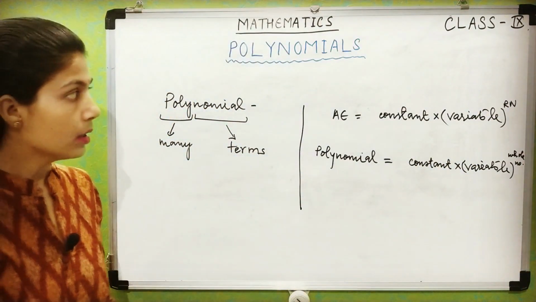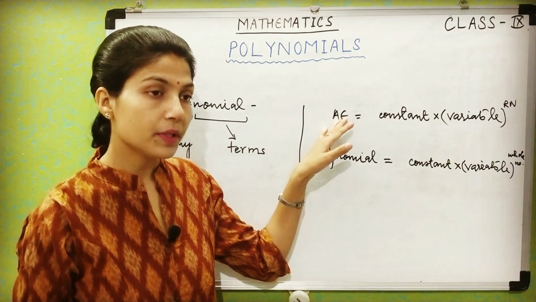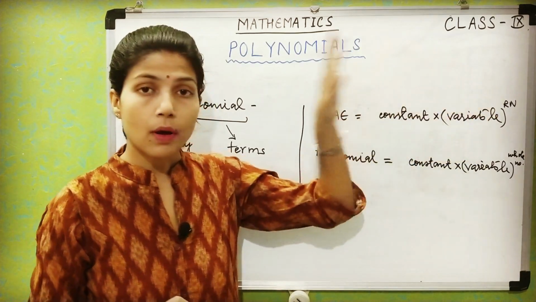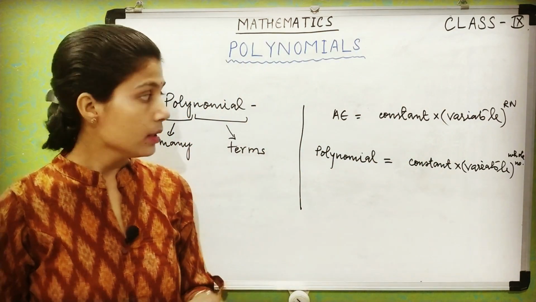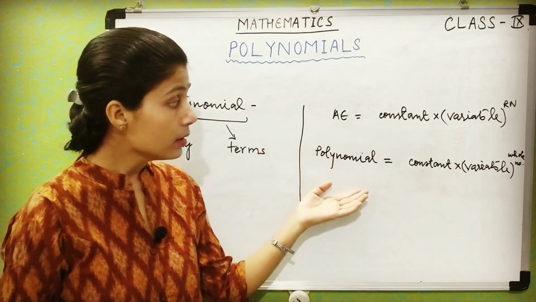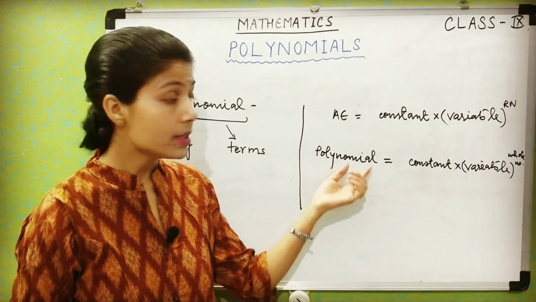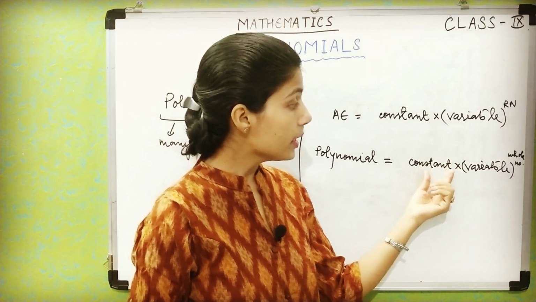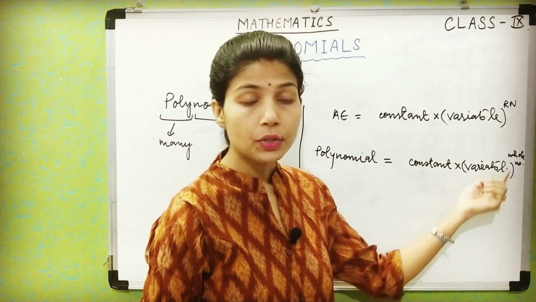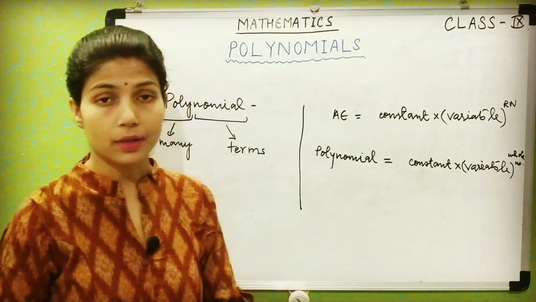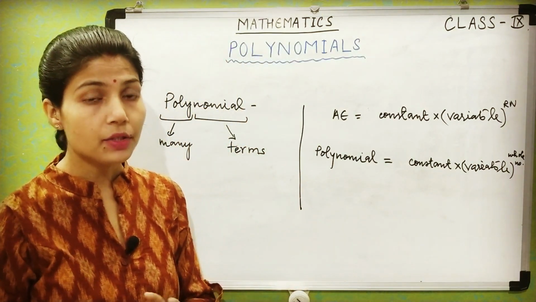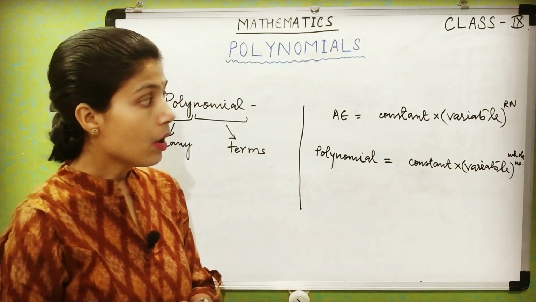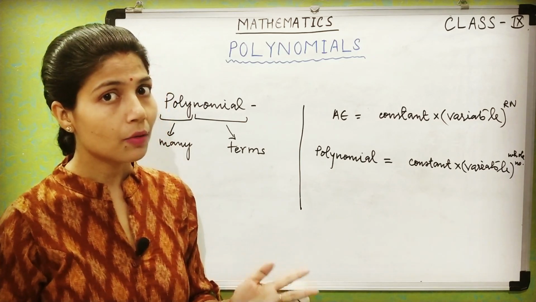In case of algebraic expression, variable raised to power rational number, but when we talk about polynomial, a polynomial is an algebraic expression that has the form constant into variable raised to power a whole number. Okay, so as you know that all the whole numbers are what?